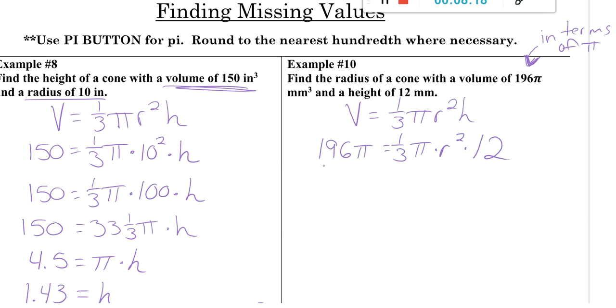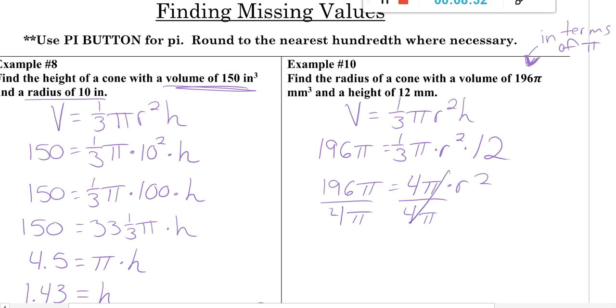And then I would get 196 pi equals 4 pi times radius squared. Then I can divide by 4 pi on both sides. And again, remember, if I have a pi in the numerator and the denominator, they cancel to 1. So 196 divided by 4 is 49.